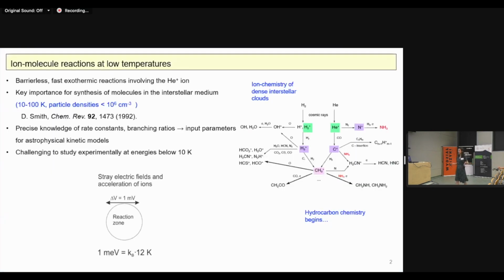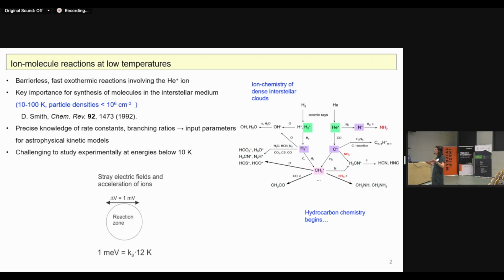So in our group, we're interested in barrierless, fast, and exothermic reactions involving the helium plus ion. These reactions are really important for the synthesis of molecules in the interstellar media, as we heard already. Helium plus is abundant in space, and it takes part in a very complex reaction chain that leads to the synthesis of all hydrocarbons that we know.